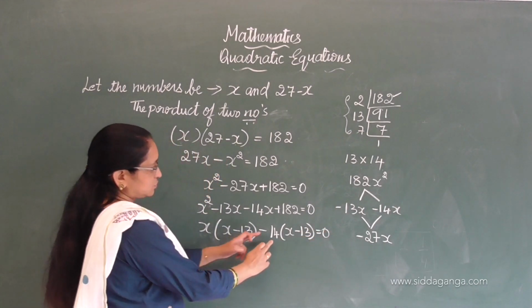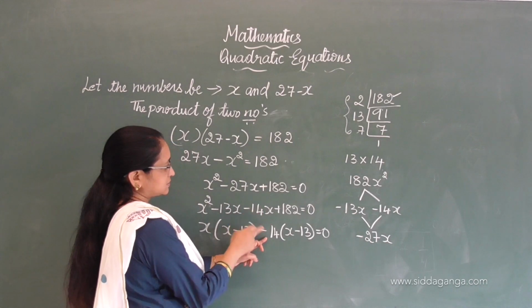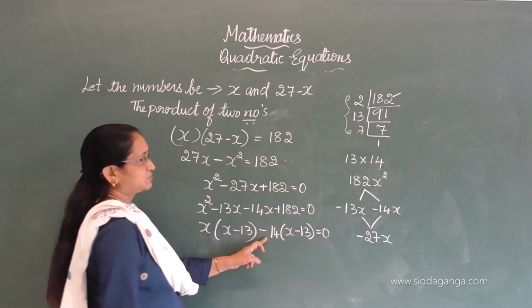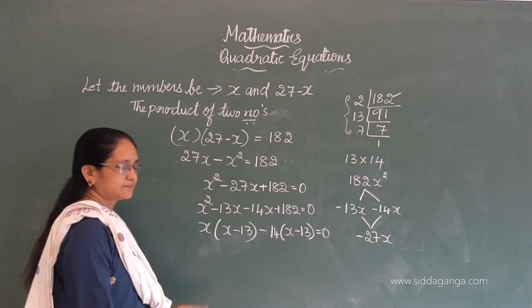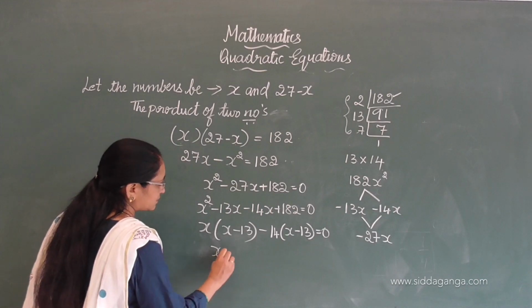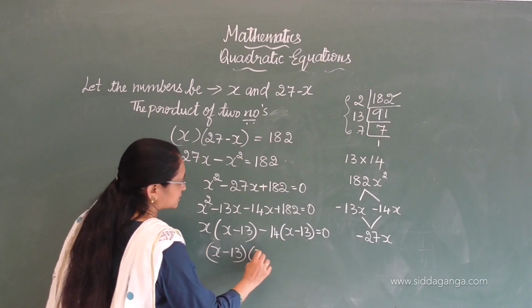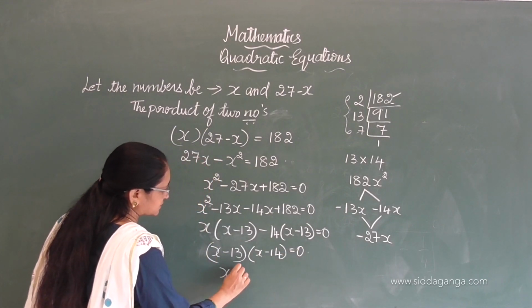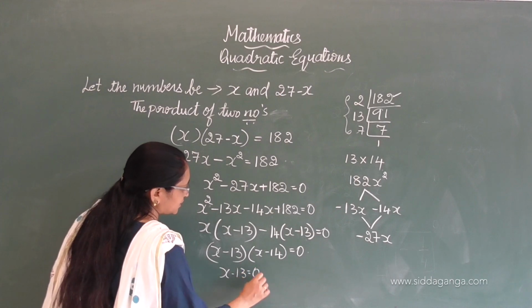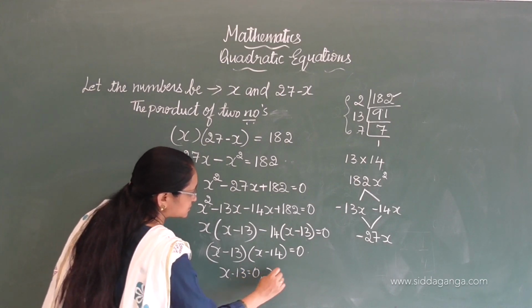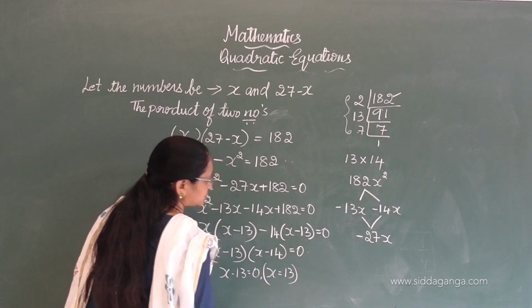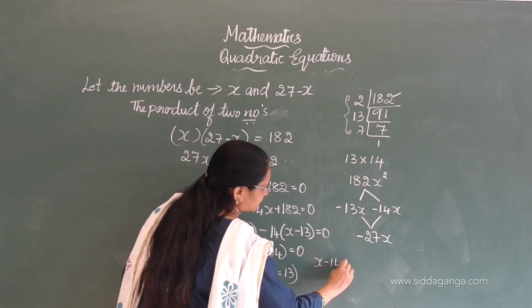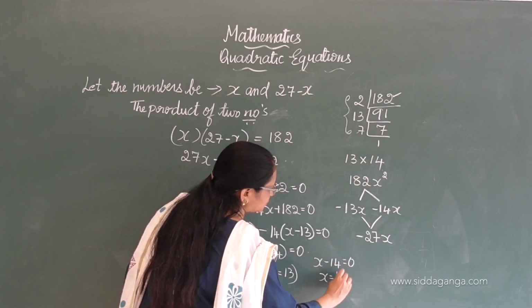Once you check, 14 into x minus 13, minus 14x, minus into minus plus 14 into 13, you know it is 182, correct? Now here common x minus 13 and x minus 14 is equal to 0. Now x minus 13 is equal to 0. Therefore x is equal to how much? 13, and x minus 14 is equal to 0. Therefore x is equal to 14.